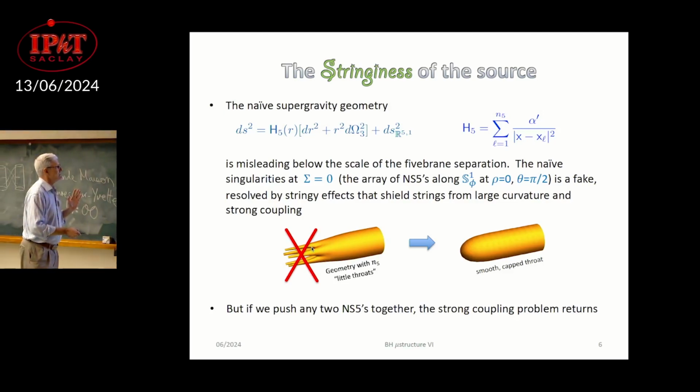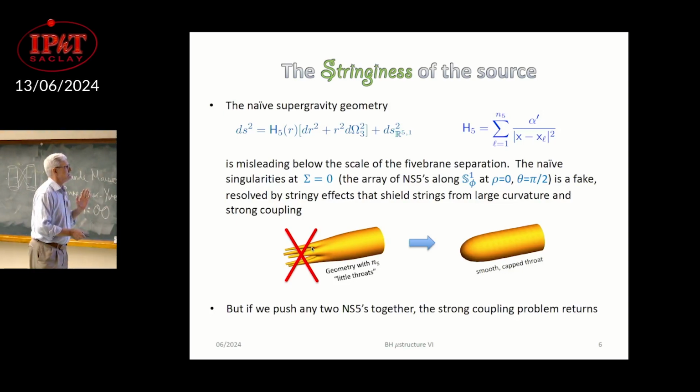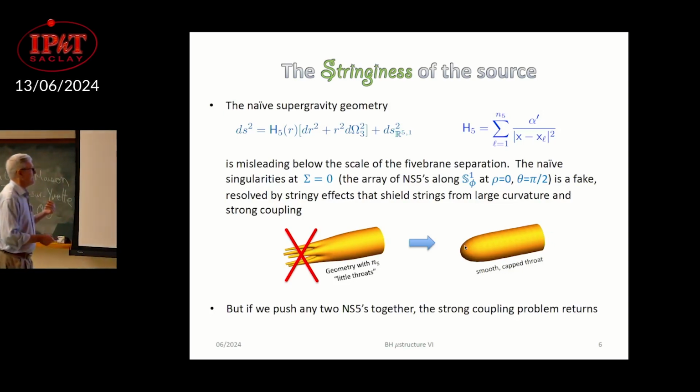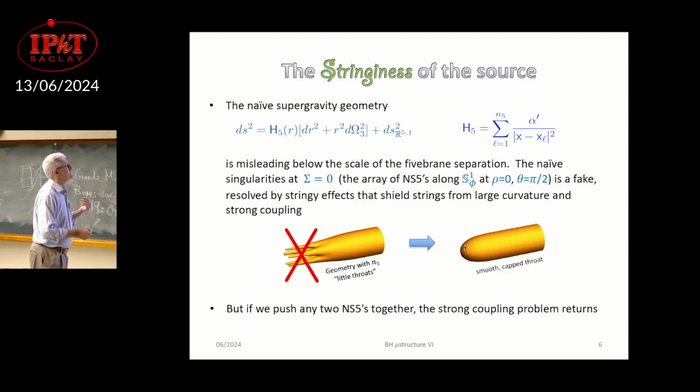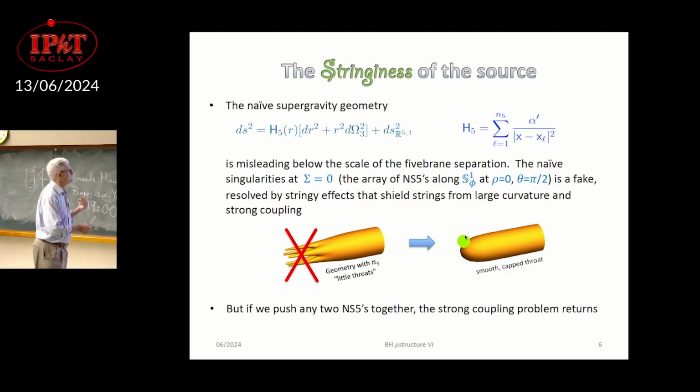And what I'm saying is that no, the geometry that's seen by string theory is something else. The cap that's seen by strings is exactly the scale in the supergravity solution where you start resolving individual fivebranes.